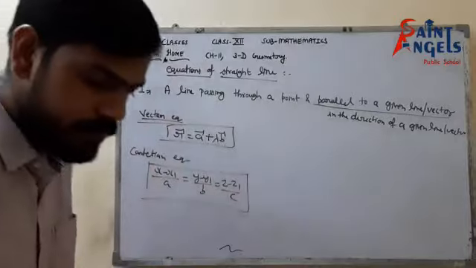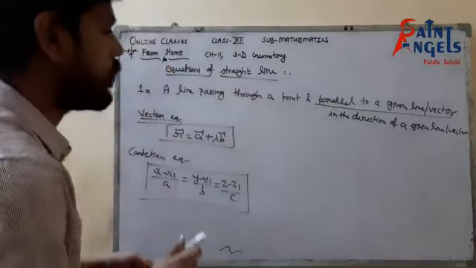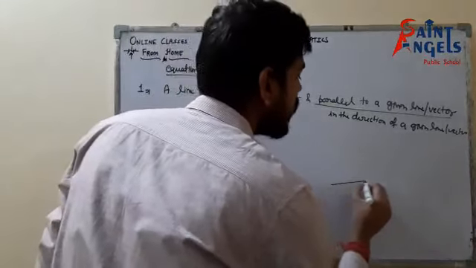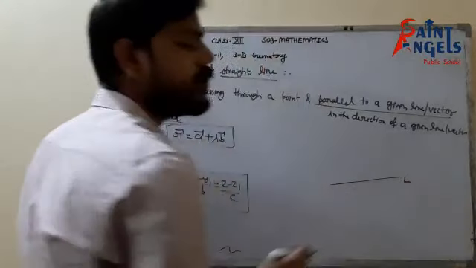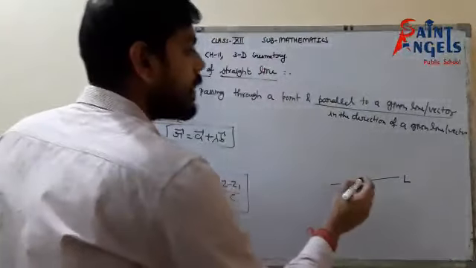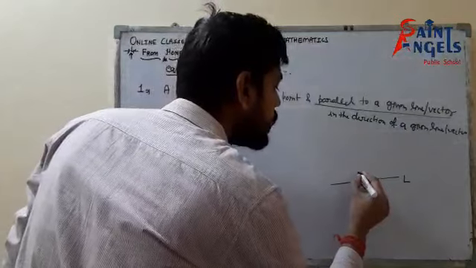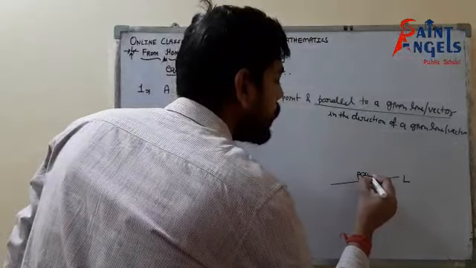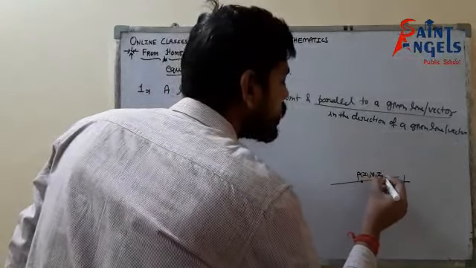Okay, so suppose this is the line L of which we have to write the equation. This line is passing through the point P, and the coordinates of point P are x1, y1 and z1, suppose.